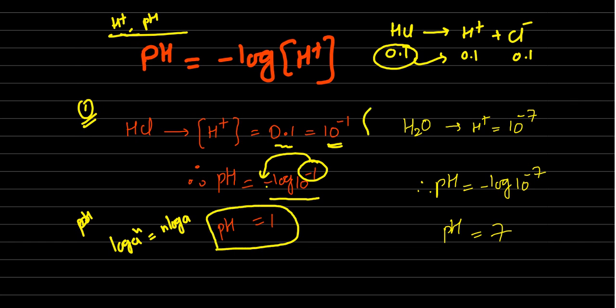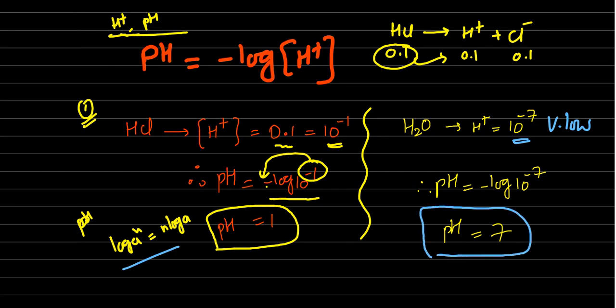Now a similar example I am taking, water. In case of water, H plus concentration is 10 power minus 7. See, compared to acid, this is a very low value, 10 power minus 7. Then apply the pH formula, minus log 10 power minus 7. Then according to this formula, the pH is 7. Now, between HCl and water, the water pH value is higher.